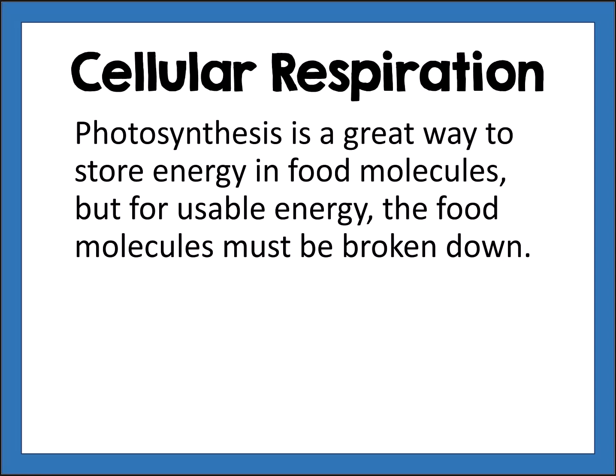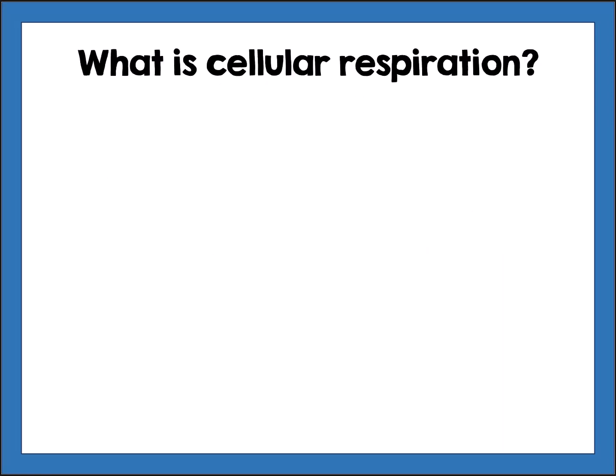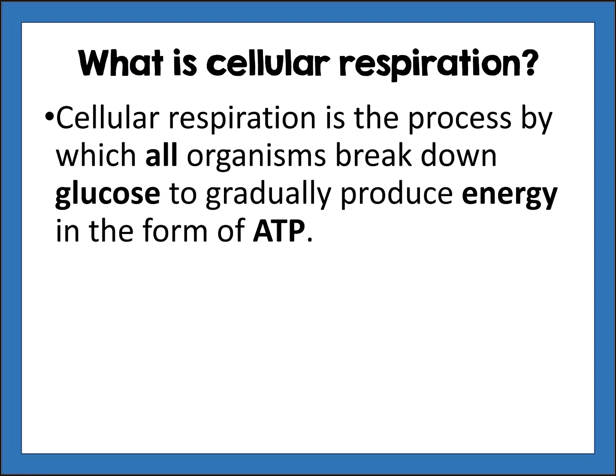So photosynthesis is a great way to store energy, but for usable energy, the food molecules must be broken down. And the process to do that is called cellular respiration. So cellular respiration is the process by which all organisms break down glucose to gradually produce energy in the form of ATP.